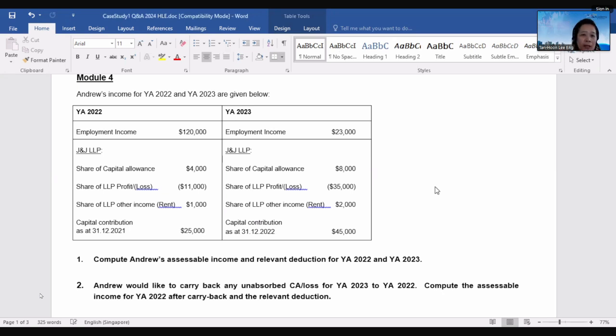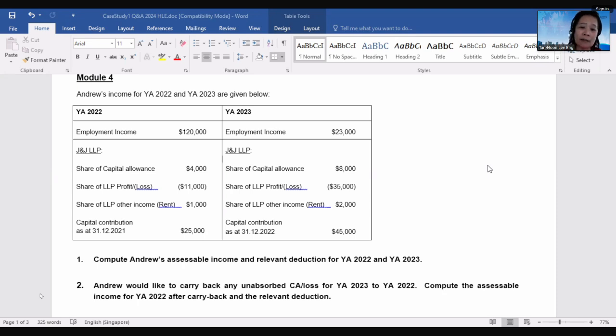So we have this Andrew. Andrew's income for YA2022 and YA2023 are given below. You got employment income, which is the so-called other income, for both years. He's also a partner of J&J LLP, so for both YAs there is LLP share of loss.